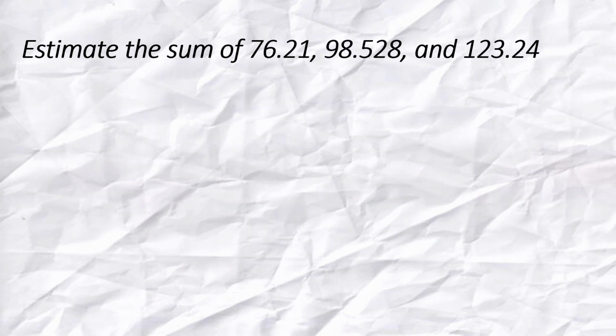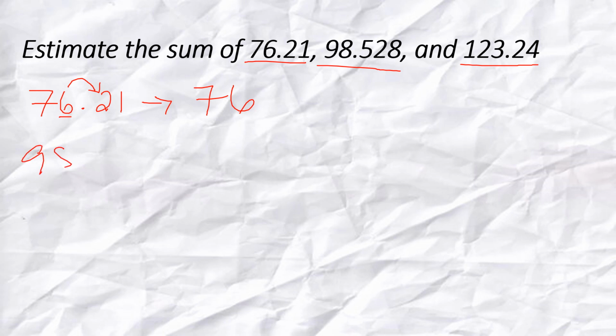Next, we have estimate the sum of 76.21, 98.528, and 123.24. So 76.21, the rounded off value of this, so this is 6, and the number beside it is 2, so we need to round down, so it will stay as 76. 98.528.